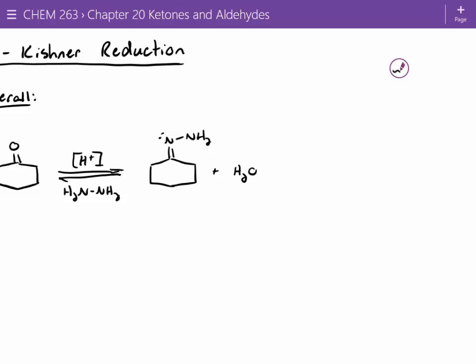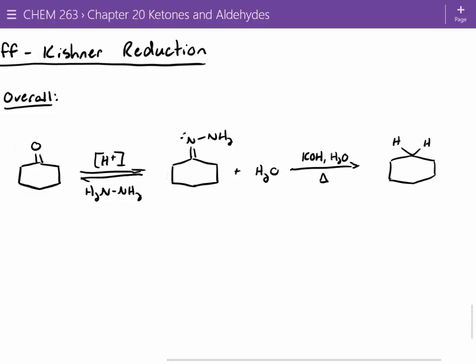And then the next part is a little bit different, and we'll walk through it. You take sodium or potassium hydroxide and water, then you heat it. And you can actually pop off a carbonyl group and go straight to the alkane.